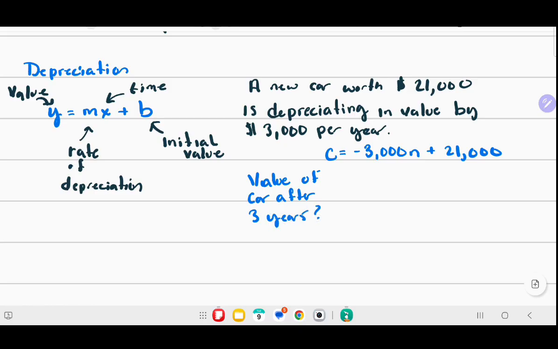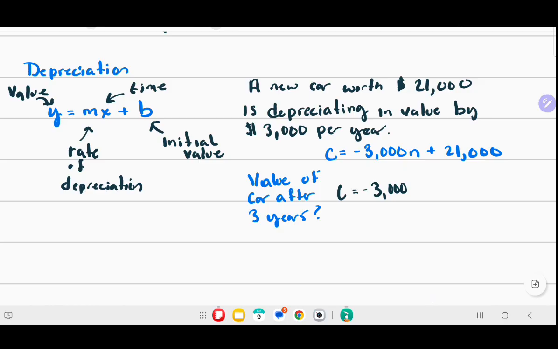All right. Let's do it. Our equation, because we don't know the value. Remember, C is the value. That's how much the car is worth after all this. So we'll leave C in the problem. Negative 3,000 is how much it's going to go down per year. Now, how many years? 3.